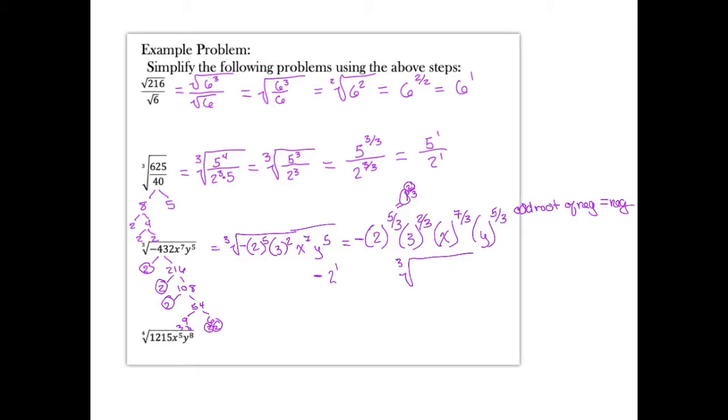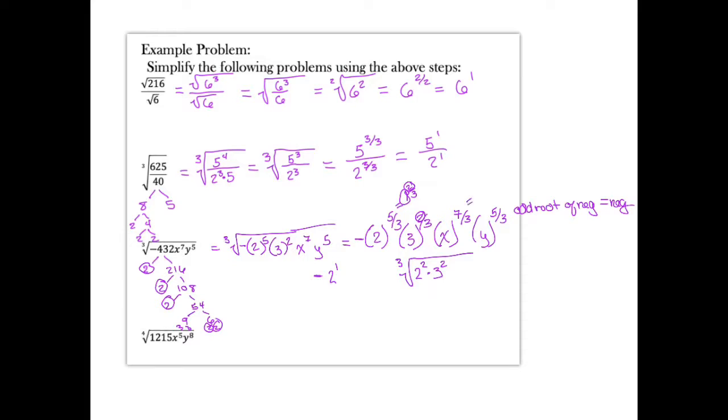So this is 2 to the first, and then we have 2 squared with the remainder on the inside. 3 to the 2/3, it doesn't go in a whole number of times, so that means that we're just going to have 3 squared. So you can see that basically the numerator of the mixed number is going to stay the exponent inside of the radical.